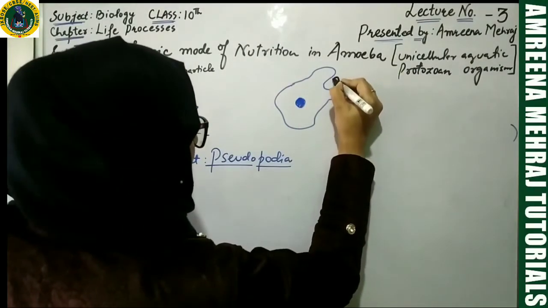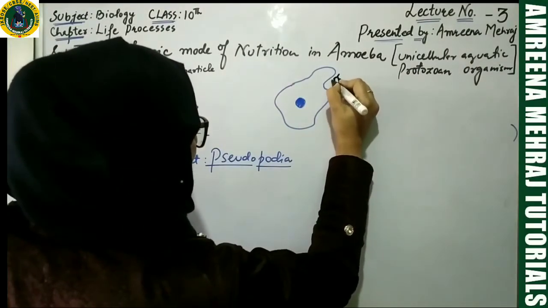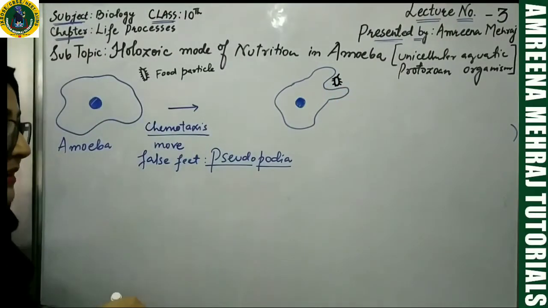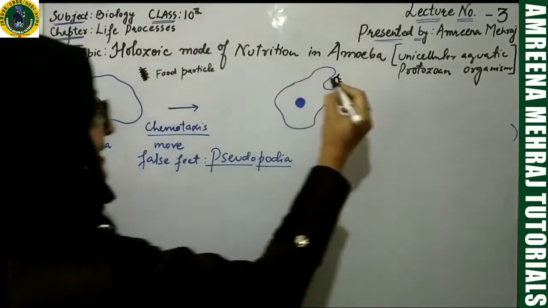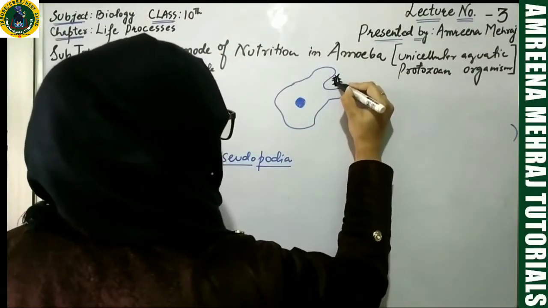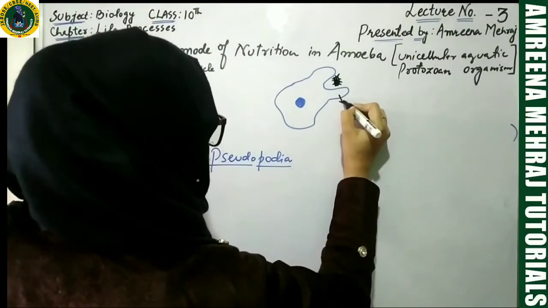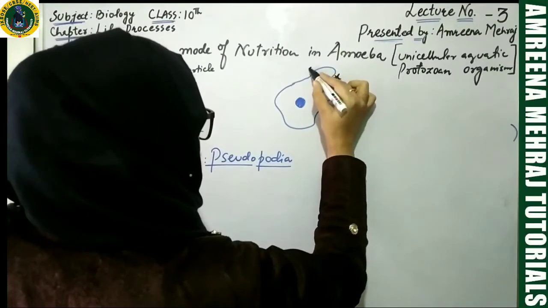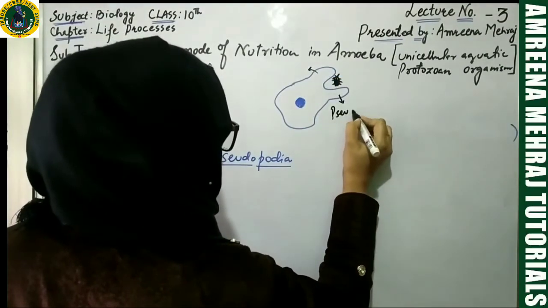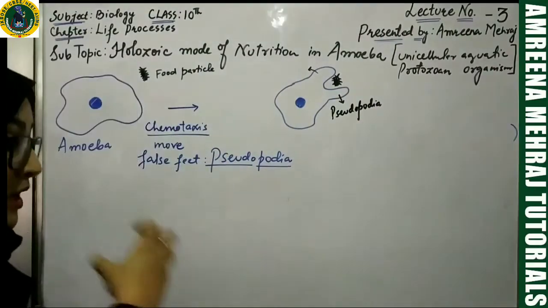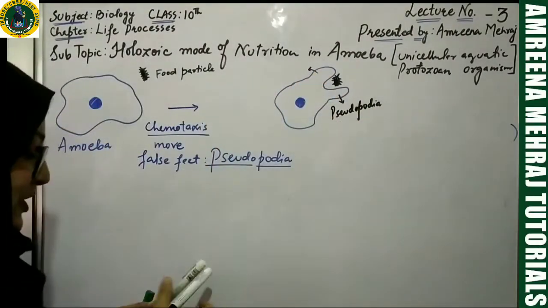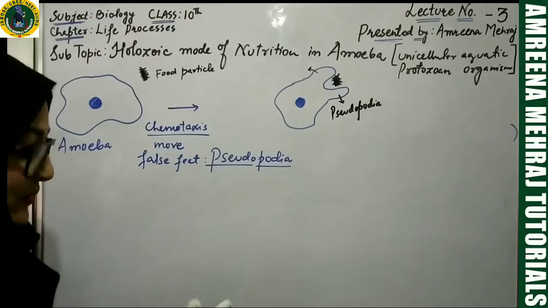Okay, what amoeba is trying to do is to surround the food particle with the help of its pseudopodia. So these extensions, this and this, they are the pseudopodia. So what amoeba wants to do is basically to trap the food particle.